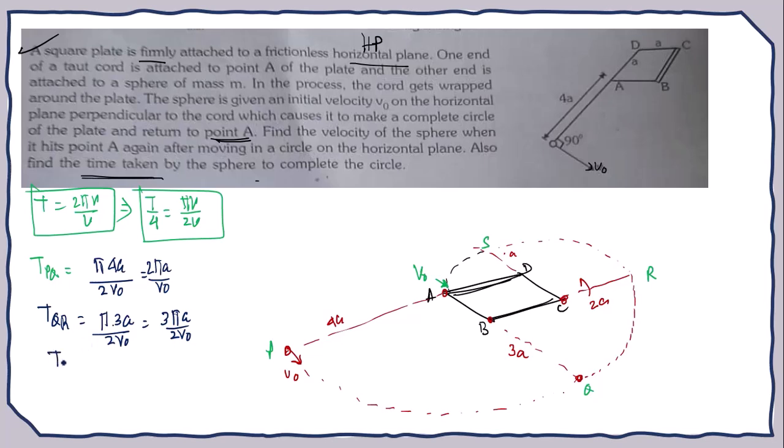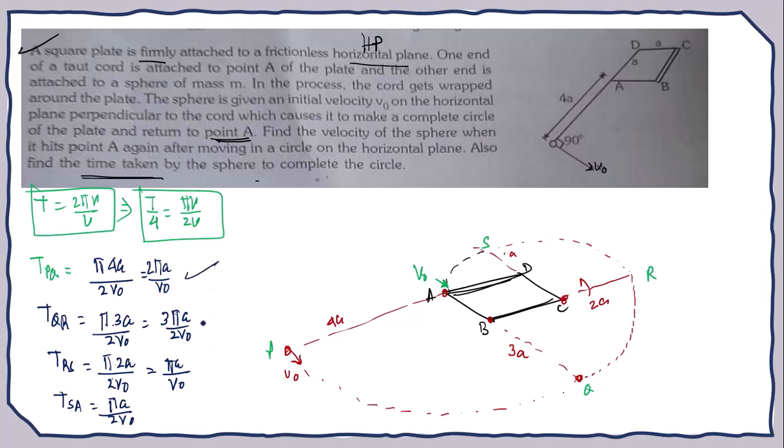Then T for R to S, that should be equal to pi, radius is how much? 2a by 2 V naught. That is pi a by V naught. And lastly, I can calculate the time for the S to A path. That means pi R by 2 V naught. R is now a, so pi a by 2 V naught.